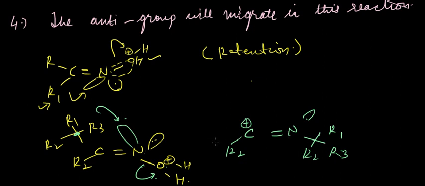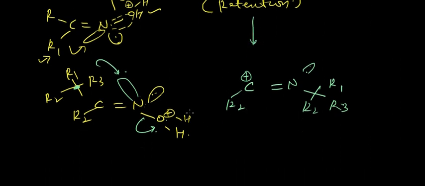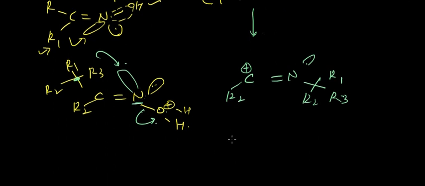Okay, while in pinacol rearrangement, more migratory aptitude was seen. In this case, the migratory aptitude is defined as the group which is anti to the leaving group, that would be migrating to the nitrogen atom.